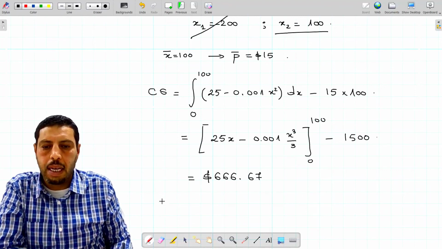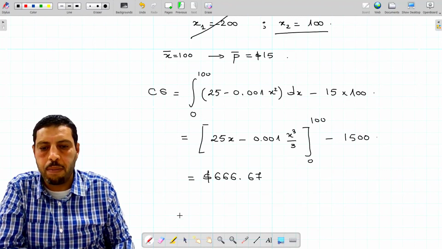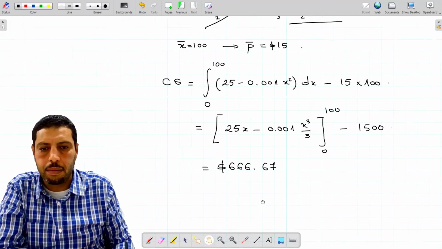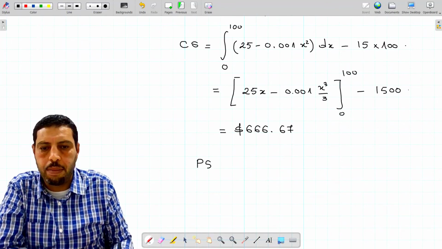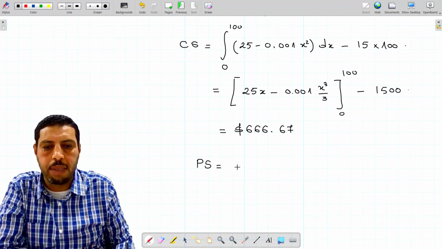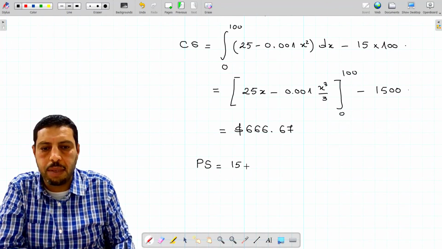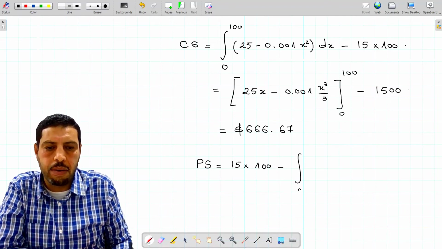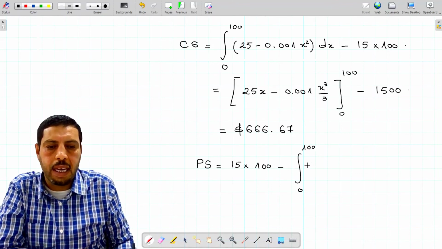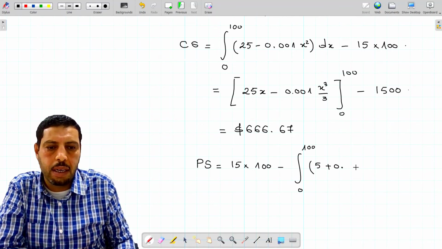Now you can compute the producer surplus. Remember that the producer surplus is equal to p bar times x bar, which means 15 times 100, minus the integral between 0 and x bar, which is 100, of s of x. S of x is 5 plus 0.1 x, dx.